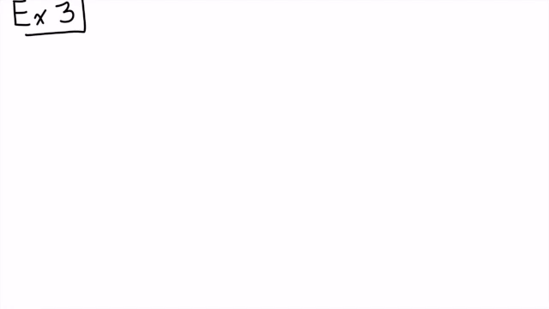Let's not do a word problem. Let's say we have a bunch of numbers and we have to put them on a number line. So let's say we have a set of numbers. Let's go with negative 11, 3, 6, negative 7. And let's go ahead and put those on a number line.